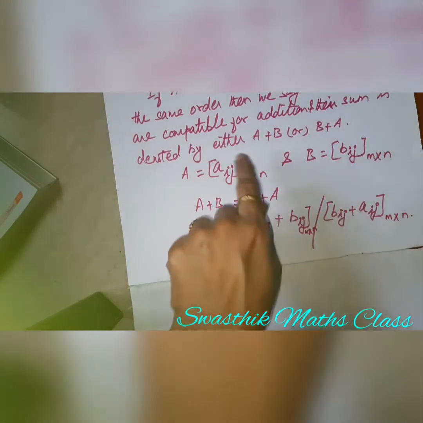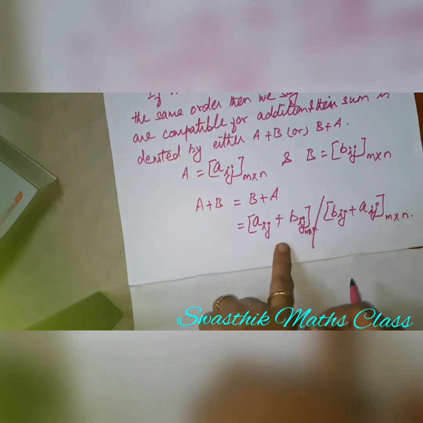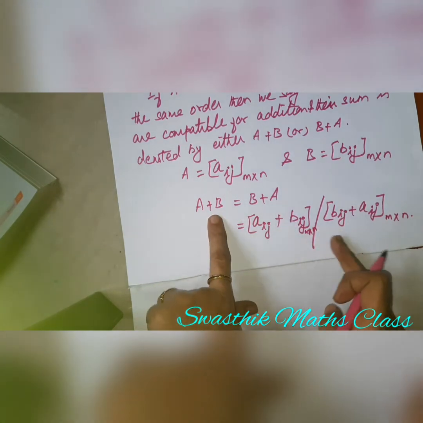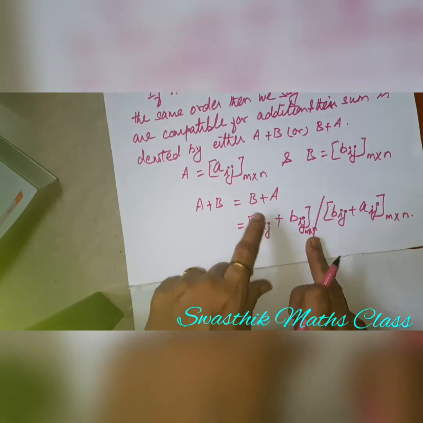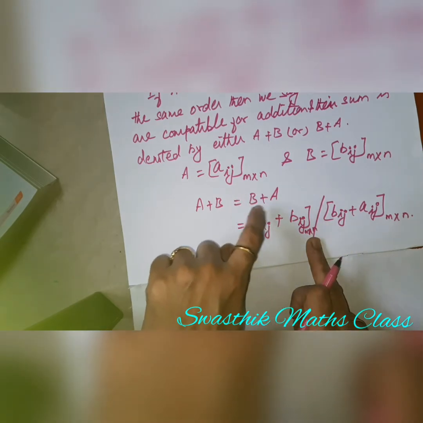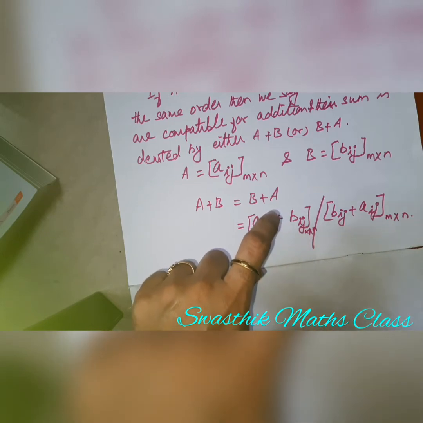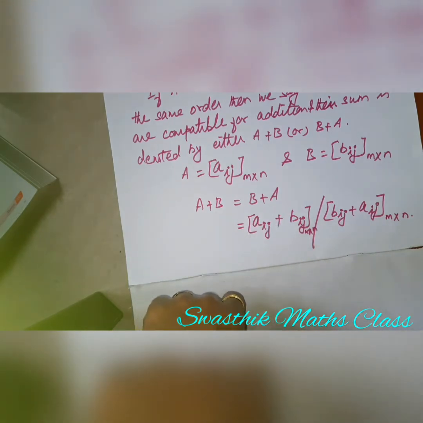Whenever we are given two matrices with the same order, then we get the new matrix A plus B or B plus A with the same order again m by n, and we have to add the corresponding entries in both the matrices. Okay, in this way we define addition of two matrices.